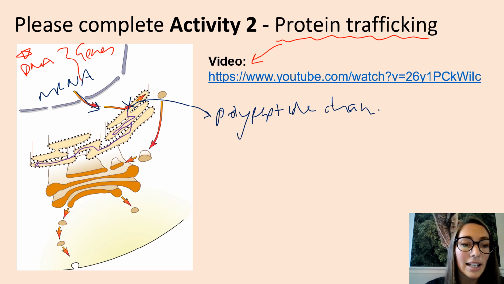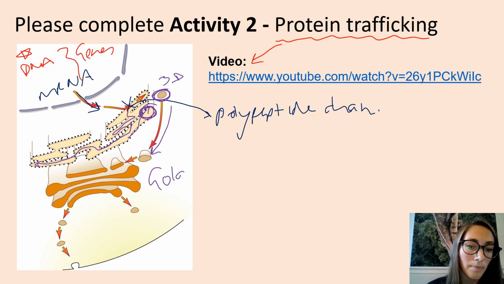Once it's moved through those flattened sacs, it will bud off in part of that membrane as a vesicle, and that now 3-dimensional folded polypeptide chain can move to the Golgi body, and here is the Golgi body.